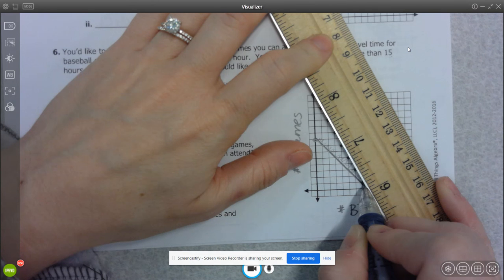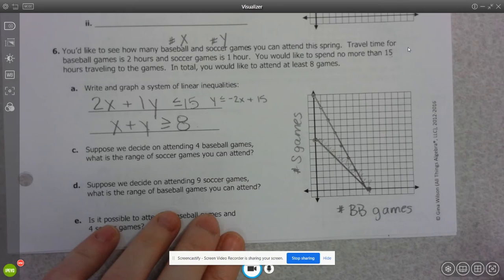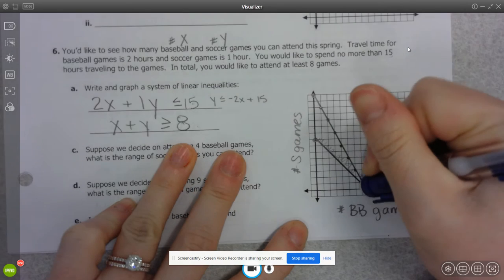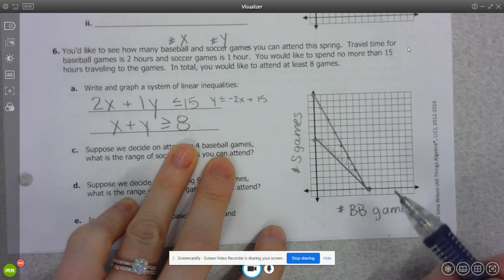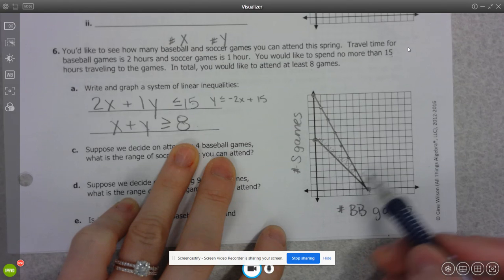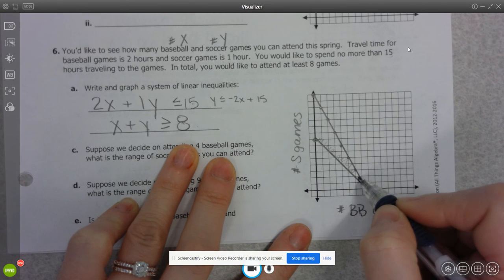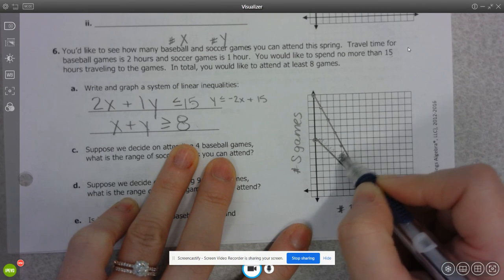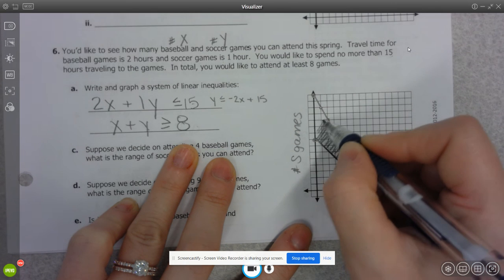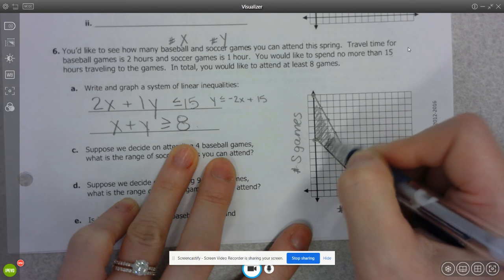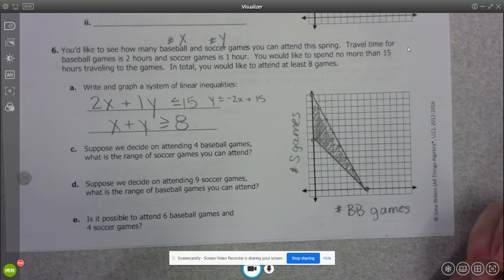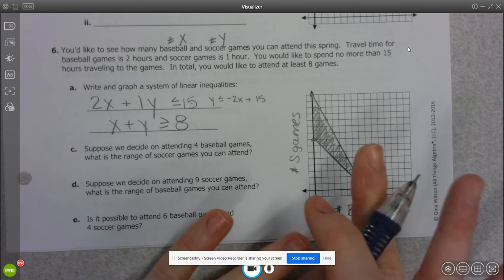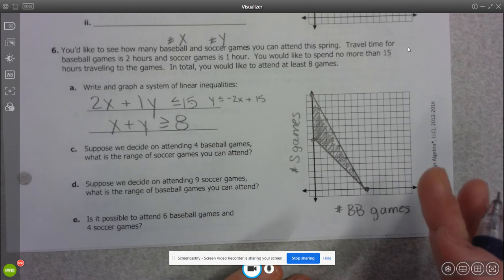I'm going to wait for it to catch up really quick. There we go. So this part over here is not going to be shaded in because that is over my travel time. So it'll be that little sliver and then in between those. But again, only in quadrant 1 because I can't have negative baseball games or negative soccer games. So that's my shading. Okay.